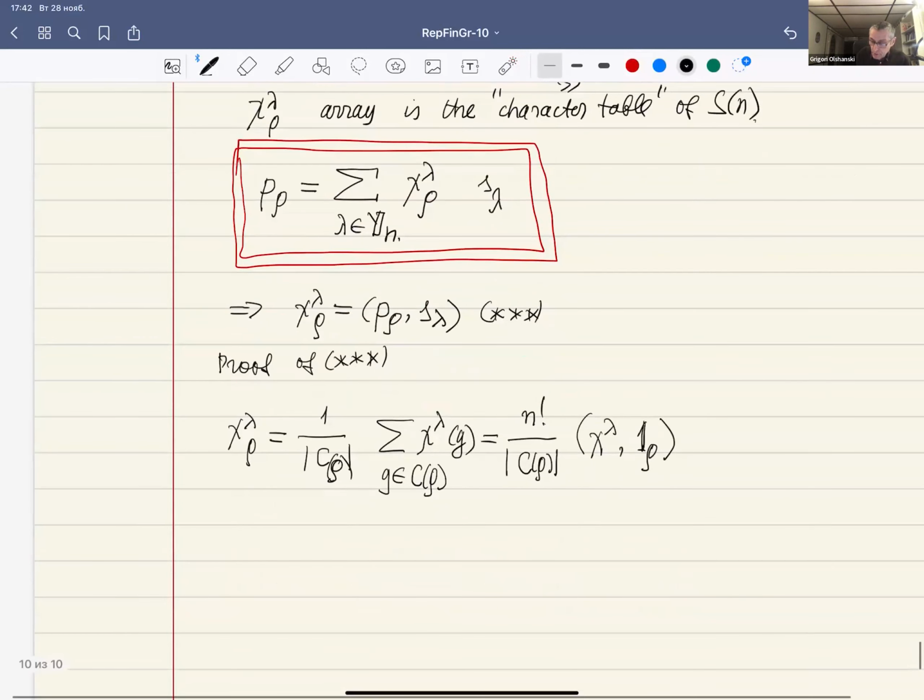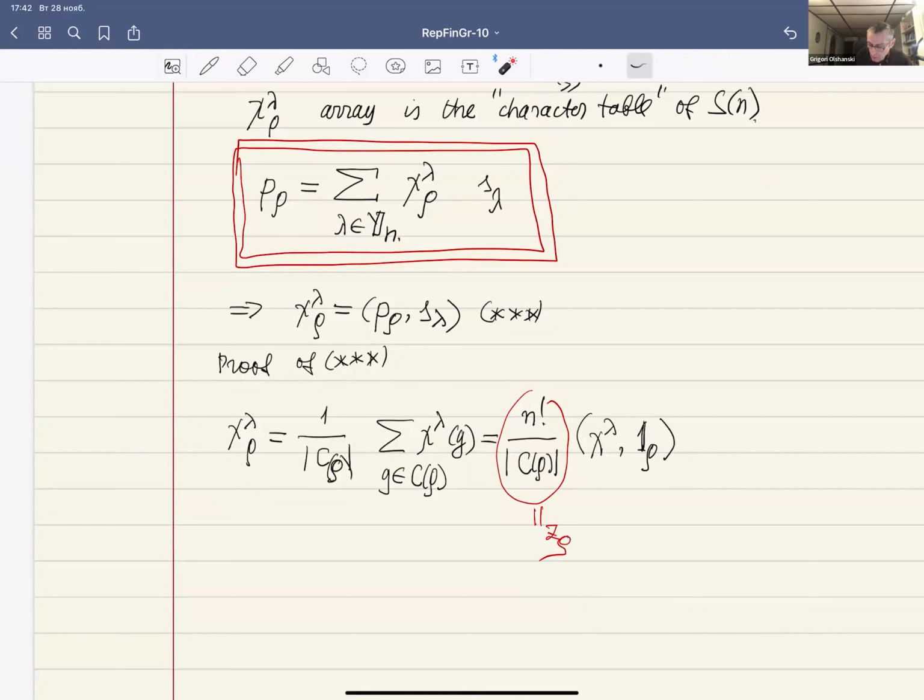But next we observe that this quantity is exactly the same as this one, because this quantity z is the size of the normalizer of any permutation from this conjugacy class.